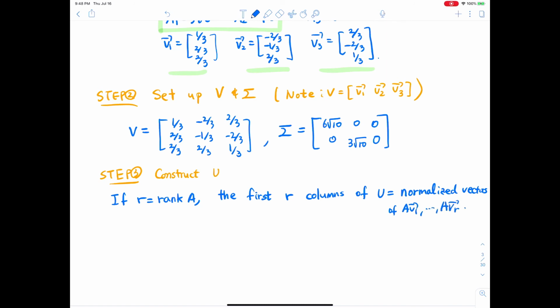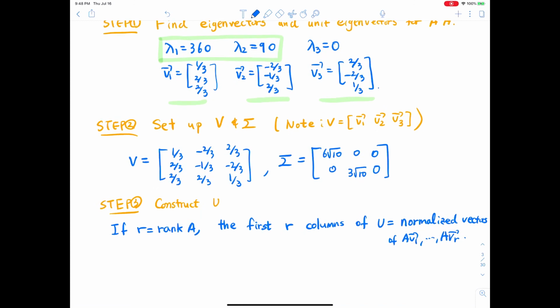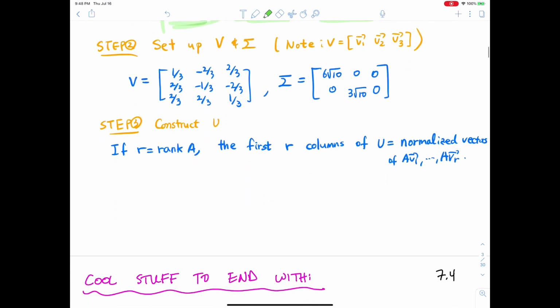In this example, we have two non-zero singular values, so we pick V1 and V2, and we normalize AV1 and AV2.